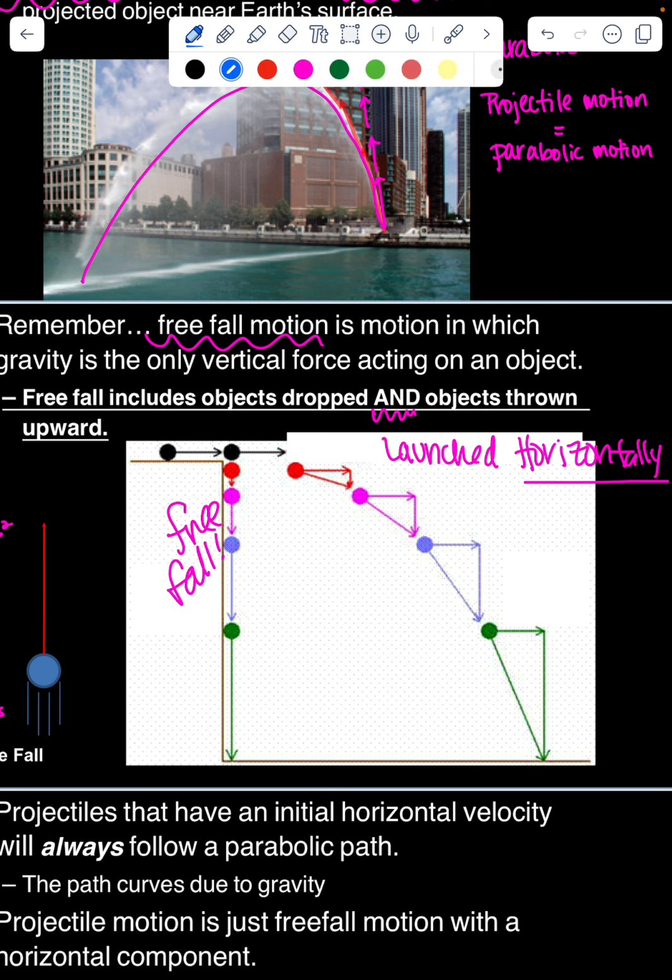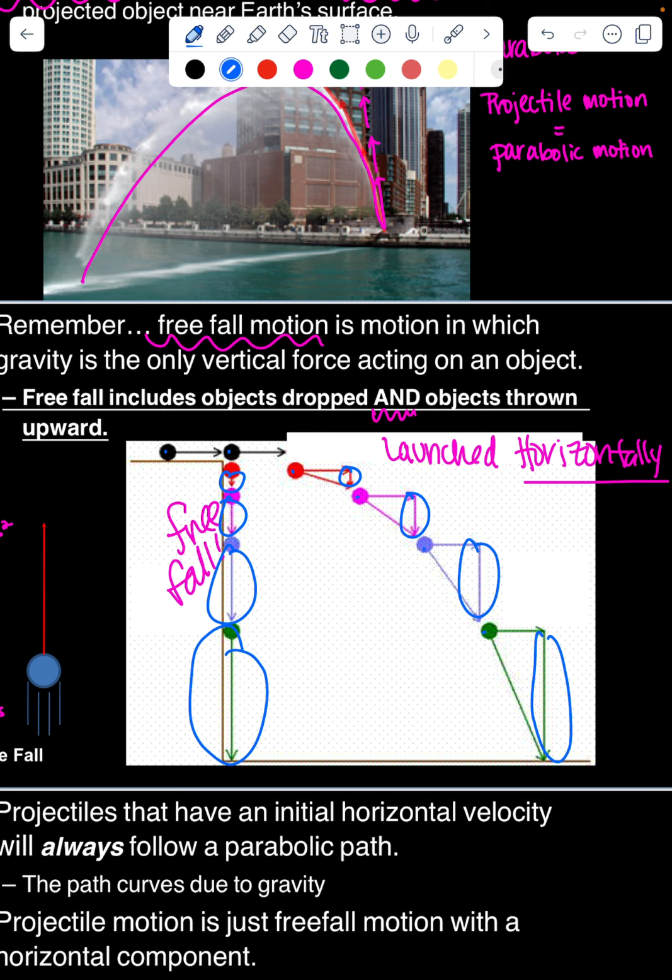But if we look at this ball as it travels, just look at the vertical components. If we compare these vertical components with each other, we should see that they are the same.